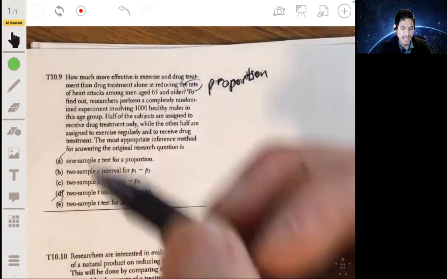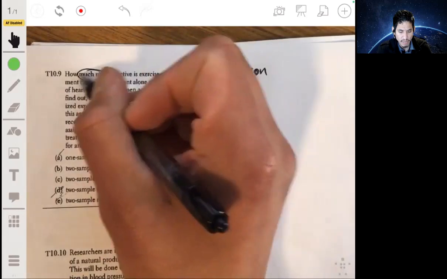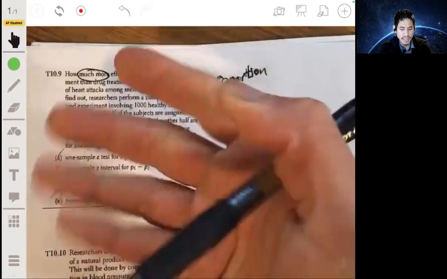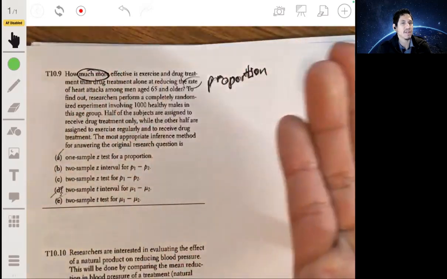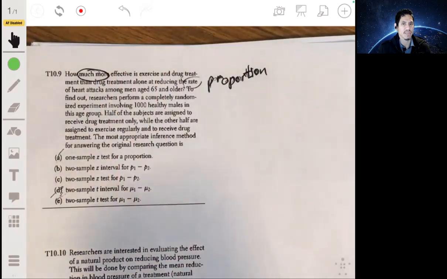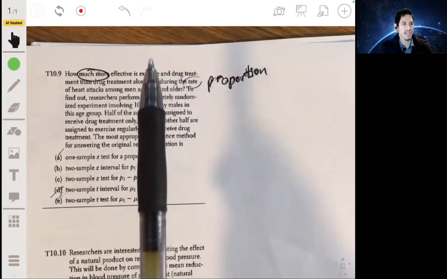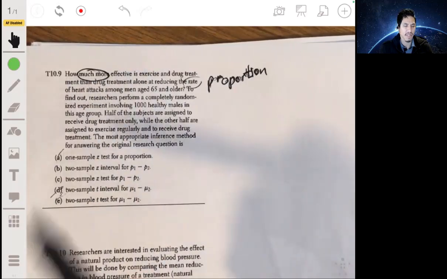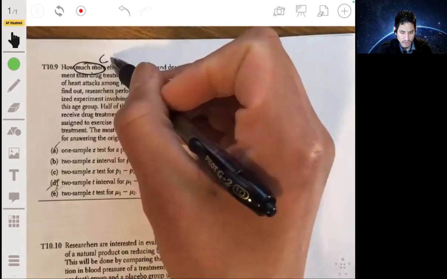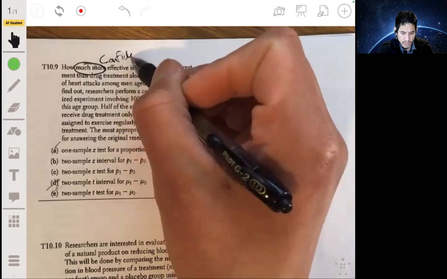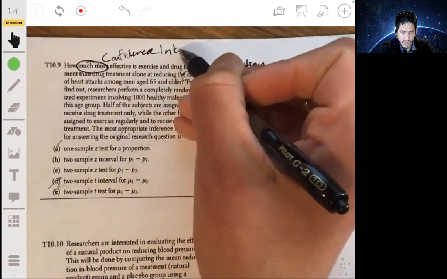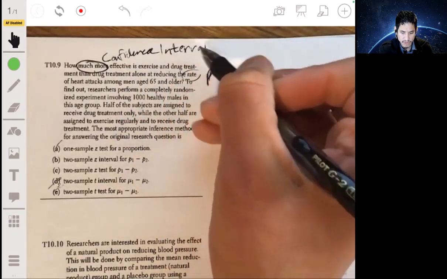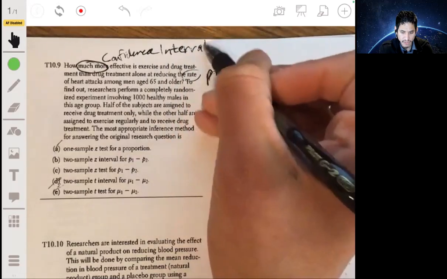And it's asking for how much more. So you're trying to estimate a value, like was it 2% more, is it 5% more? The fact that it says how much more lets us know that it's a confidence interval, because a confidence interval gives us an estimate of a range of values for whatever we're trying to figure out.